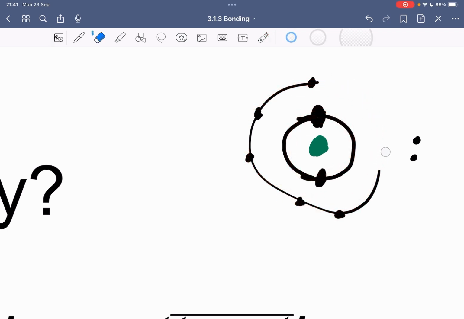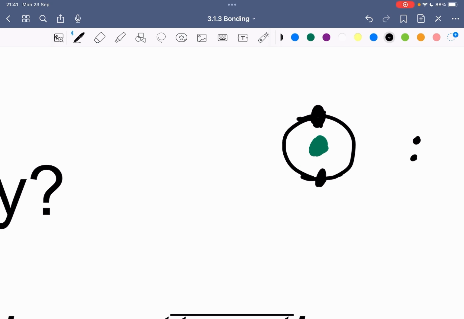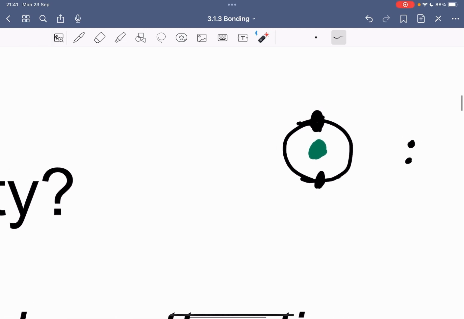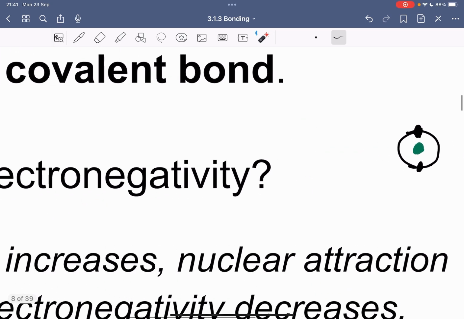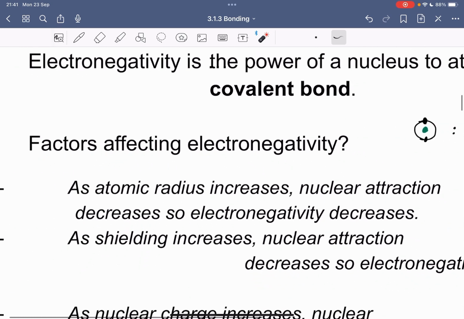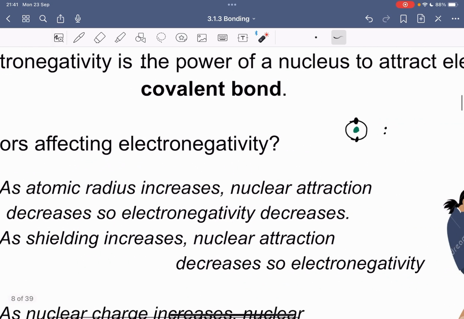However, if we got rid of this whole shell, now there's only one shell of repulsion, right? So now it's easier to attract these electrons, okay? Therefore, electronegativity is stronger when there's less shielding. So when there's more shielding, the atom's less electronegative. So as shielding increases, nuclear attraction decreases, so electronegativity decreases.